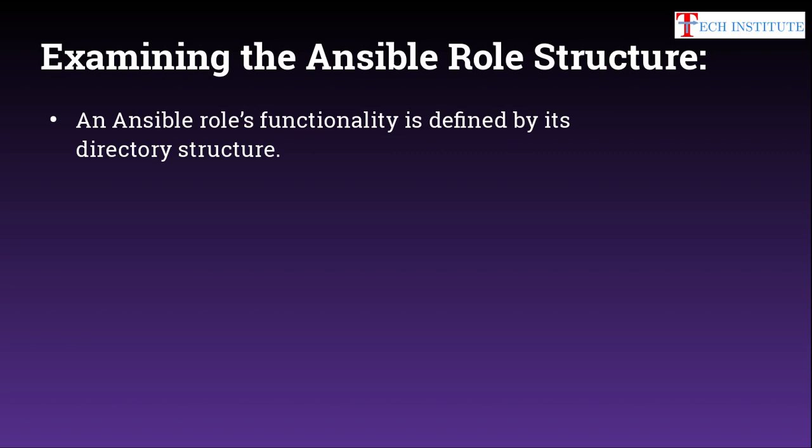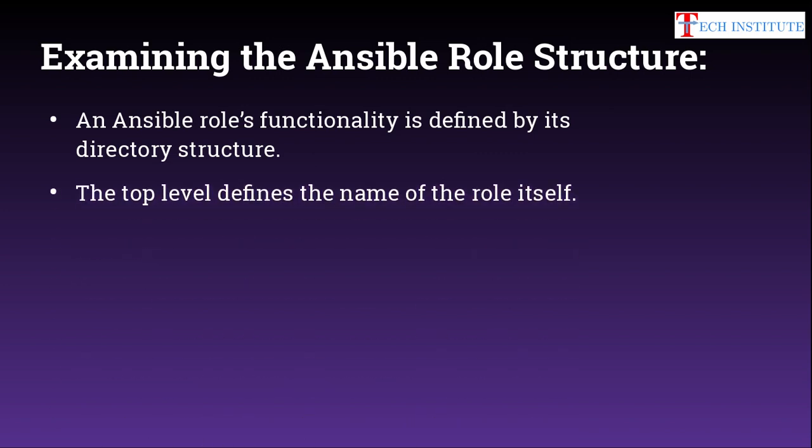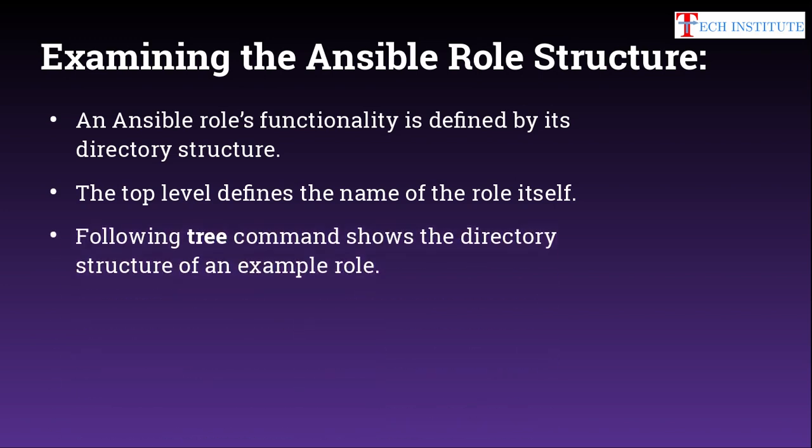And the main directory name is the role name itself. Suppose you are creating a role like web server, then the directory name also should be web server, it cannot be different. So that directory name itself is the role name.